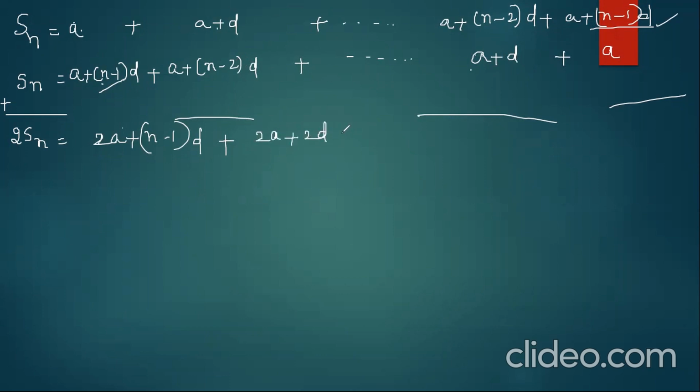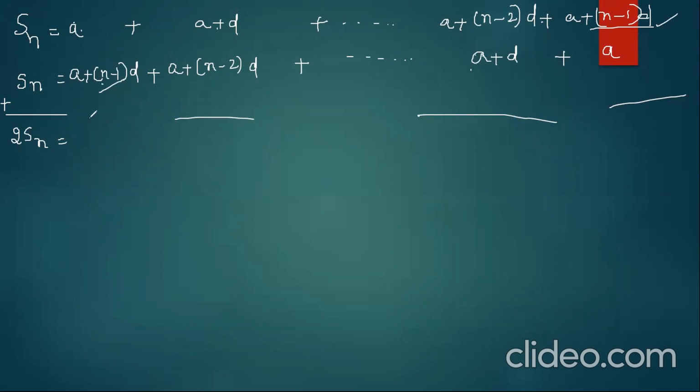Plus next, A plus (n minus 2) into D. Let me do otherwise, just by adding. Why confuse you?